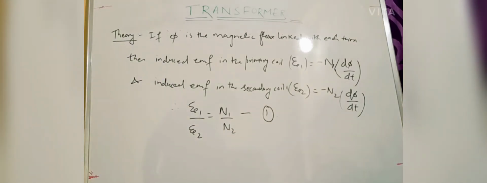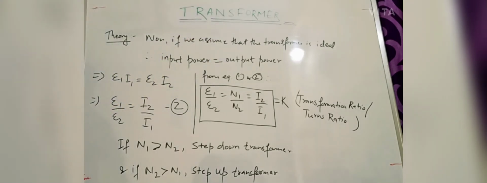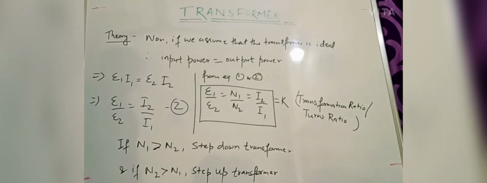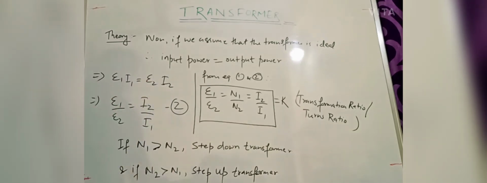Note it down. Now if we assume the transformer is ideal, then input power equals output power. So epsilon 1 I1, the input power, equals epsilon 2 I2, where epsilon 1 and epsilon 2 are the induced EMFs.